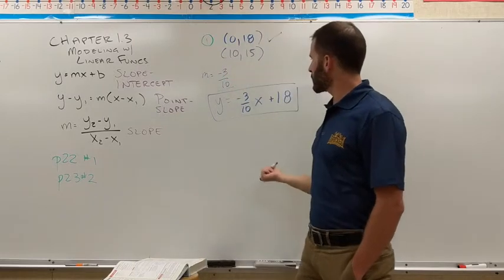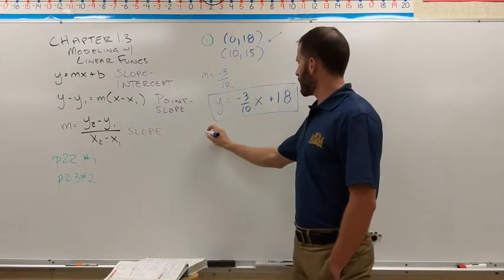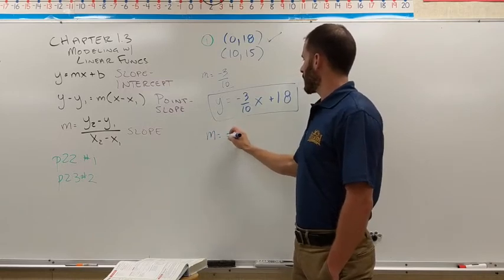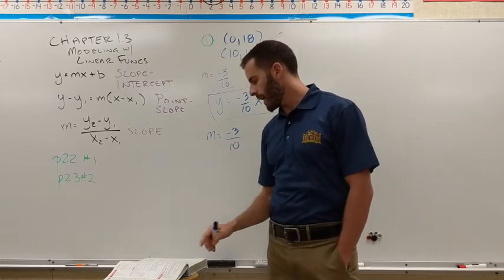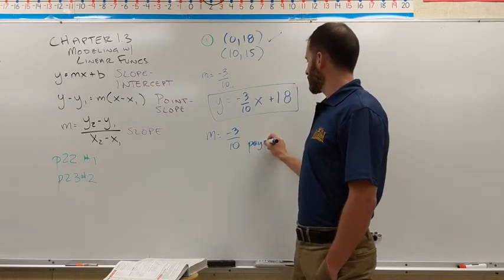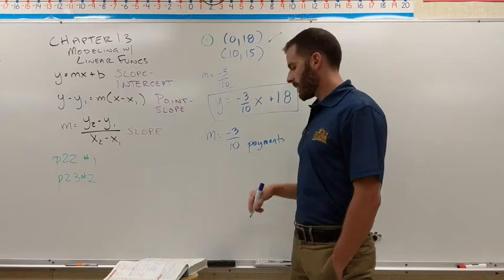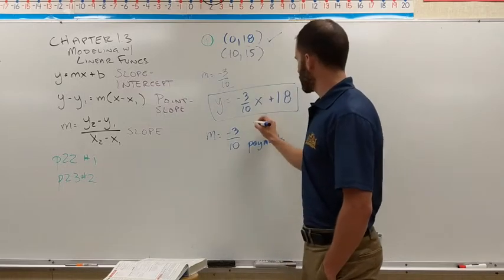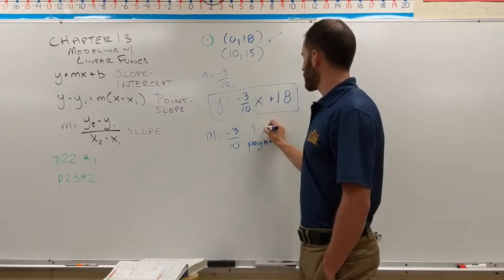Now, interpret the slope. My slope is -3/10. My x-axis is payments. My y-axis is my balance in thousands of dollars.